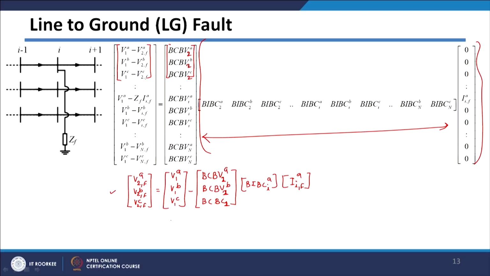We can generalize this way, we can write it like this. So, for all the 3 phases collectively, I can write for any jth bus, Vj.